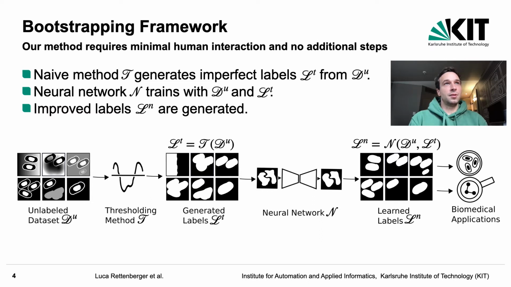So they say if the value of an individual pixel in an image is above a certain threshold, it is considered the foreground, and if it's below that, it's considered background. And that's how they work. They don't need any annotations, but they do generate annotations. Well, but if we now look at those generated labels LT, we can see that those are quite imperfect.